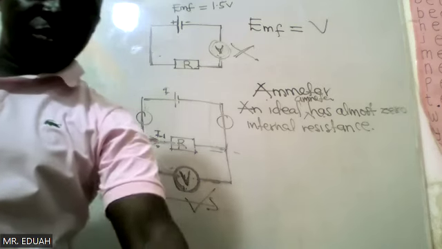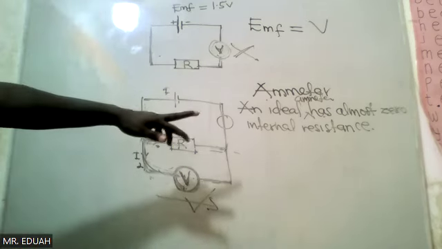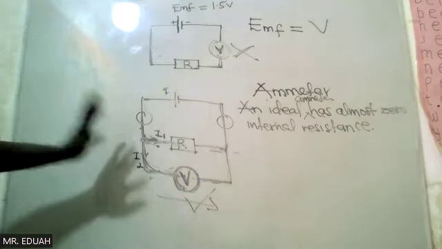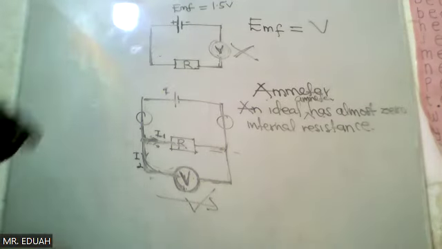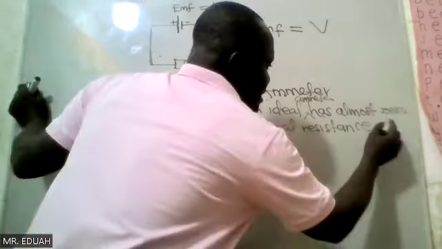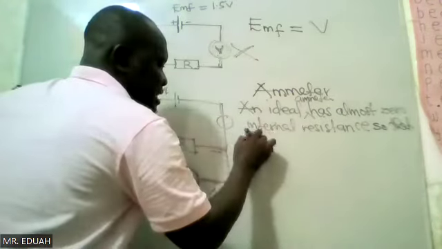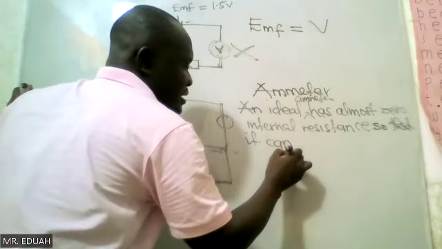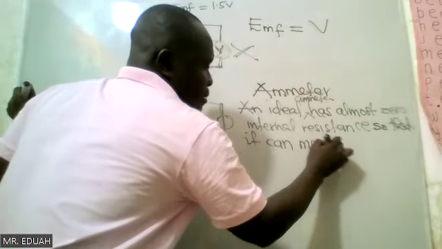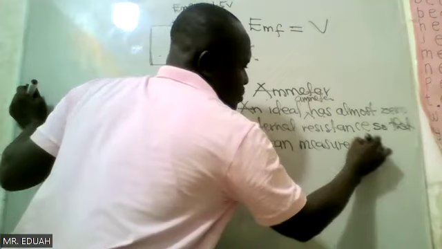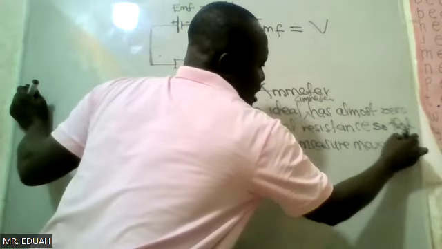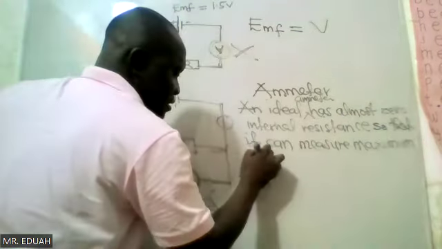Yes, please. All right. So an ideal ammeter has almost zero internal resistance, so that it can measure maximum current.